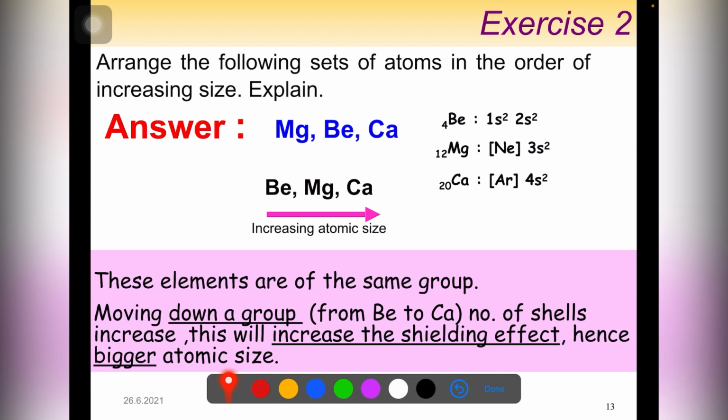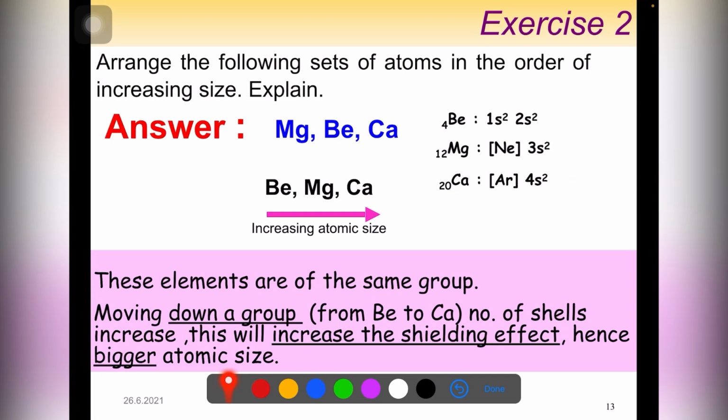This is about electronic configurations, because to rank these elements you need to write the electronic configurations. From the electronic configurations you can determine which one has the smaller size and bigger size. Clearly from the electronic configuration you can see that for beryllium the highest shell is 2, but magnesium is 3 and calcium is 4. All these elements are in the same group, but the difference is the shell.